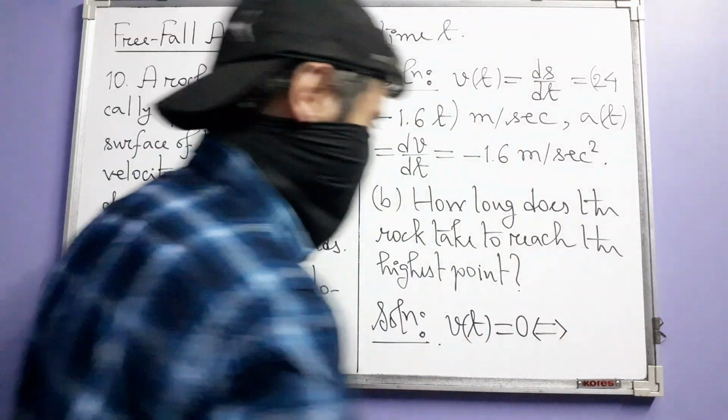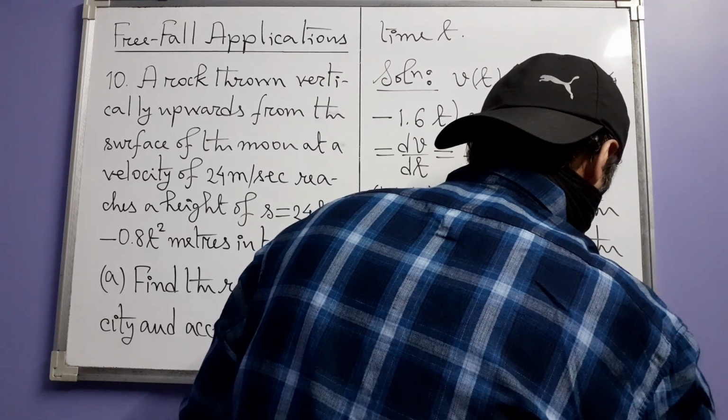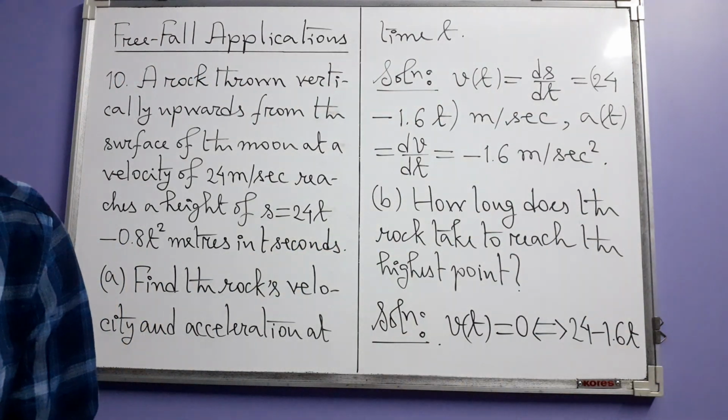This means 24 minus 1.6 t needs to be equal to 0.